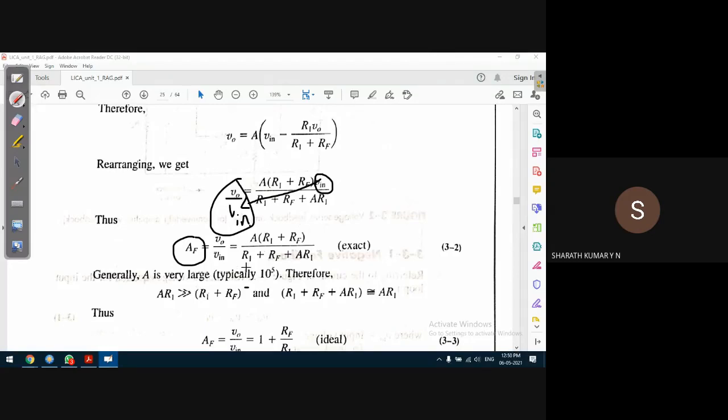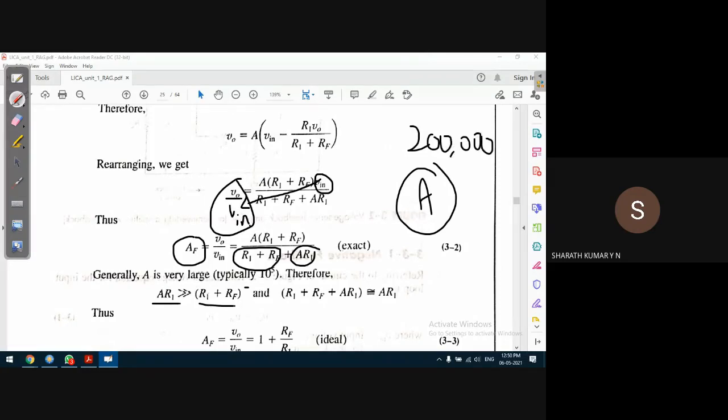In this expression, there is an assumption that A R1 is greater than R1 plus RF. This A R1 factor is because open loop gain is very huge. It can go up to 200,000. So this A into R1 is definitely bigger than R1 plus RF. So ignoring R1 plus RF, we can write it as just A R1.